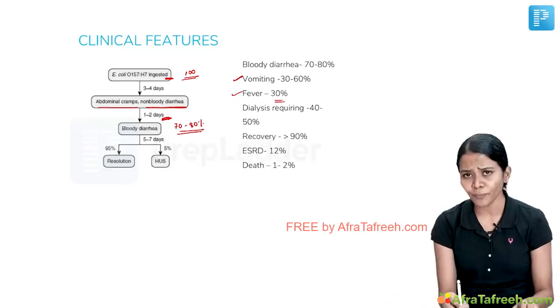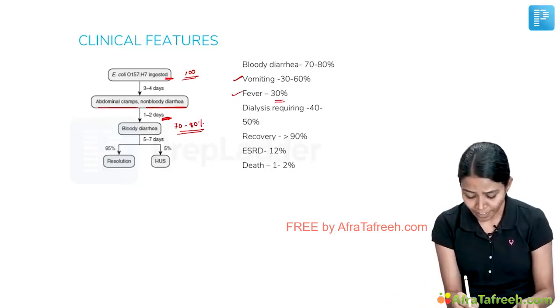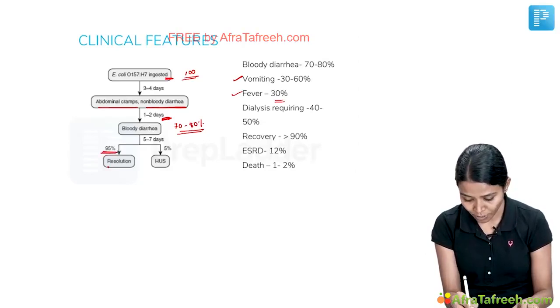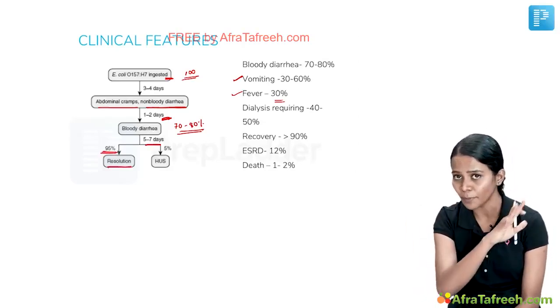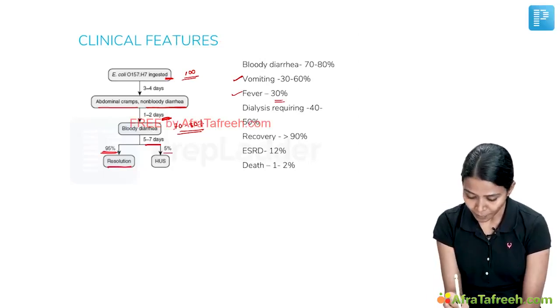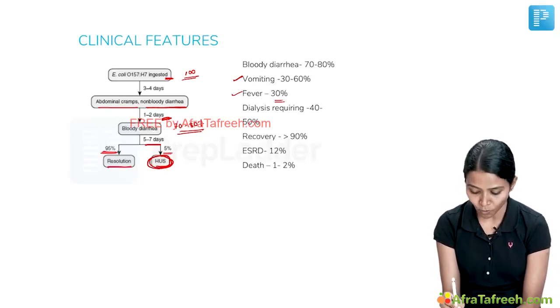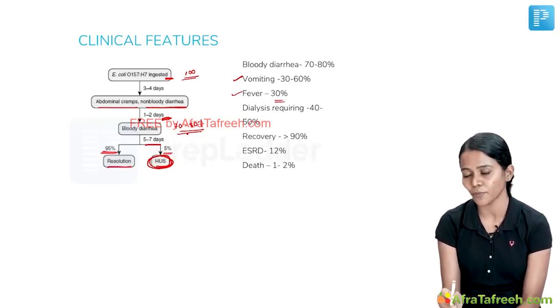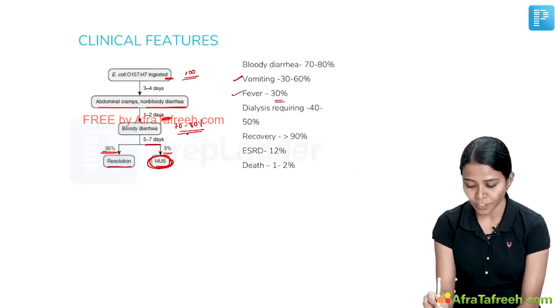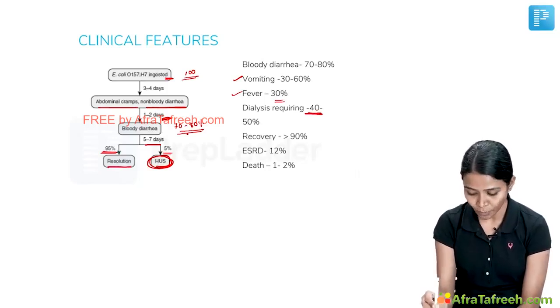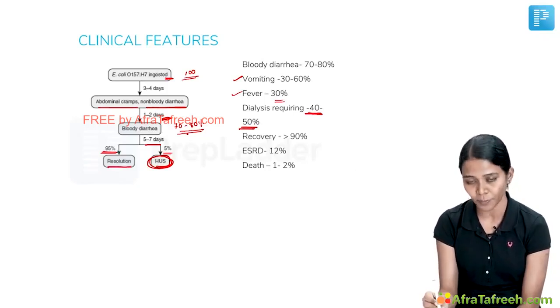Okay. Now, out of patients who develop bloody diarrhea, 95% undergo resolution in 5 to 7 days. That's very good news that 95% of them resolve. Okay. And 5% of patients are the ones who are going to develop HUS. 5% of these 70 to 80% of patients are the ones who develop HUS. Okay. So, in the patients who develop HUS, dialysis requiring patients are around 40 to 50%. Okay.